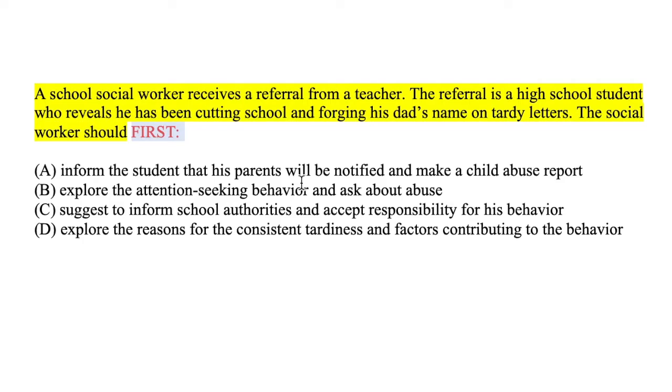Do we know that the student is cutting school and forging his dad's name on letters because he wants attention? Again, that could definitely be something that may be going on, but we haven't even assessed for that yet. So again, is this something that we would do first? Let's look at the other options before we continue with the elimination process.